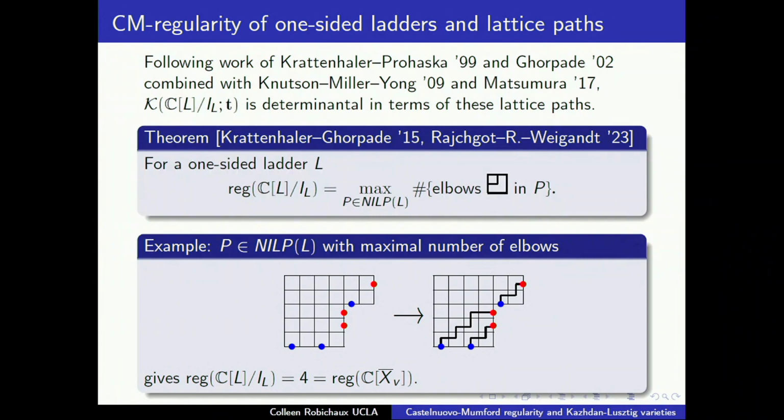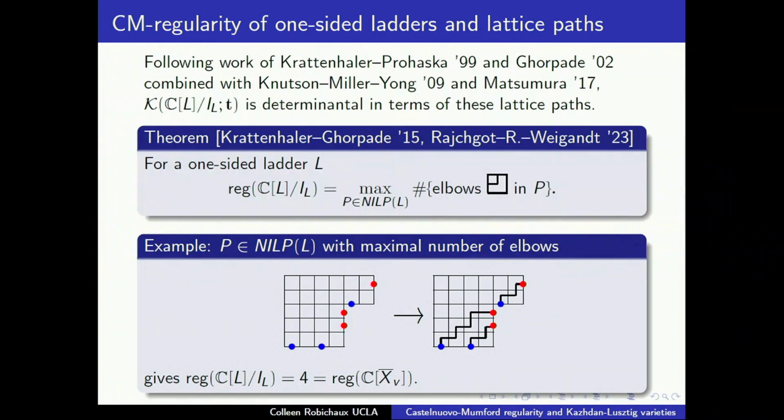Because it would tell me that I have this position empty when I have a plus here. And so this is actually the same one-sided ladder that corresponds to the vexillary permutation that we've been using throughout this talk.